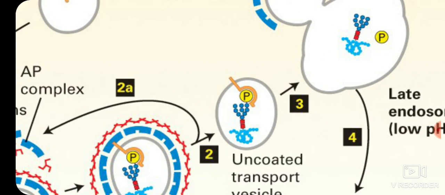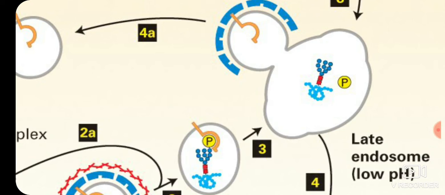This transport vesicle is later transported through the cytoskeletal elements, specifically into the lysosome through the formation of a late endosome. In the transport vesicle, the pH is around neutral, but later with the pumping of H plus ions into the endosomes, it becomes acidic inside the late endosome.